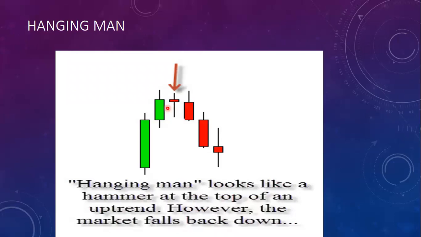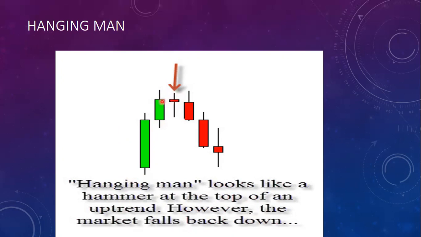This candle is a kind of candle that gives us a signal that the market will change. For example, here, the hanging man changes the market or the price. As you see here, the price is up, and then the hanging man is on the top.